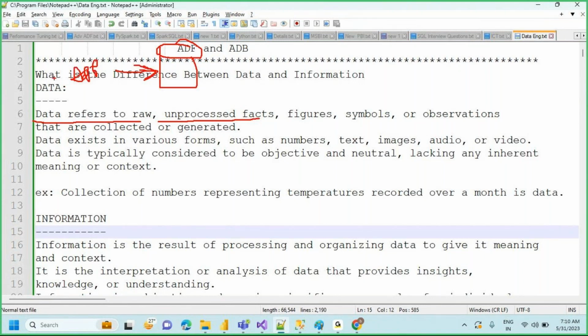No one will ask you what is data, but there is a chance they will ask about information. As I said, data is going to be in the form of numbers, text, images, audio, and video. We can collect the data in the form of anything. It does not have any meaning by itself, and we do not have any context.